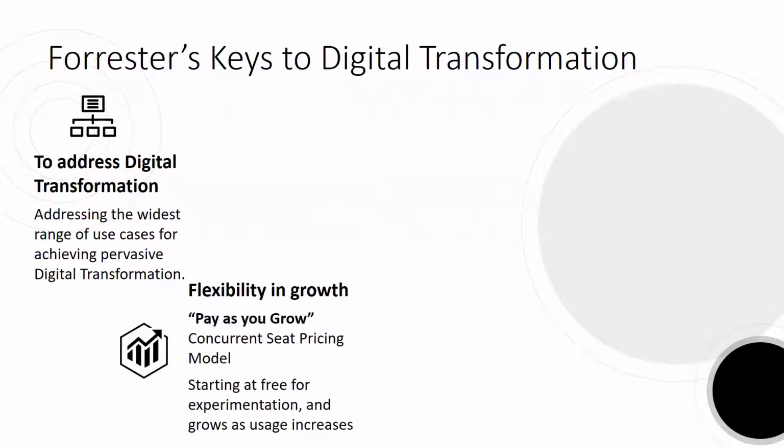We need a model that enables us to grow in a sustainable manner. I know that many of you have probably heard of this pay-as-you-grow model that's really pervasive across the industry these days, but AgilePoint takes that one step further. With our unique concurrent user seat pricing, we're able to enable our customers to pay for the capacity that they're using at any one time.